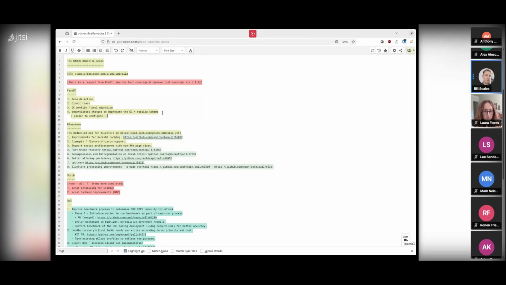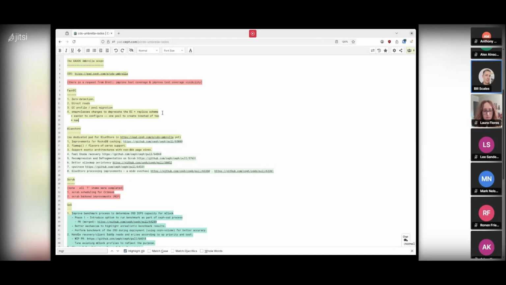It also ties in with the pool migration because we want people to be able to migrate from replica to erasure coded pools or the other way around. And if we can support configurations with just an erasure coded pool, that also makes it easier to take configurations that are just using a replica pool and migrate them to use erasure code instead.